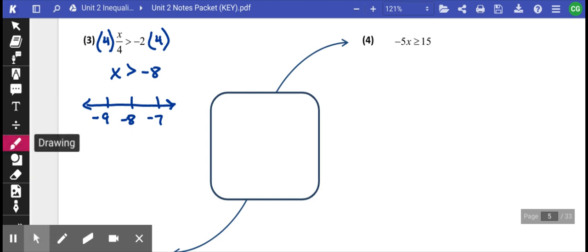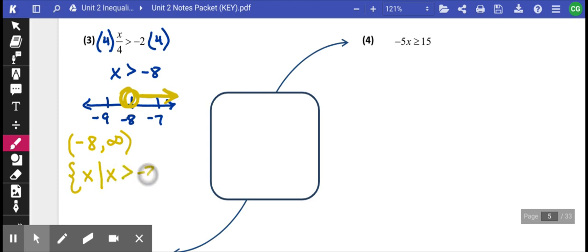This is a greater than, so open circle, and we are going to shade to the right. And so my interval, we'll say open bracket there. So negative 8 all the way to infinity. My set notation, the set of x's such that x is greater than negative 8.